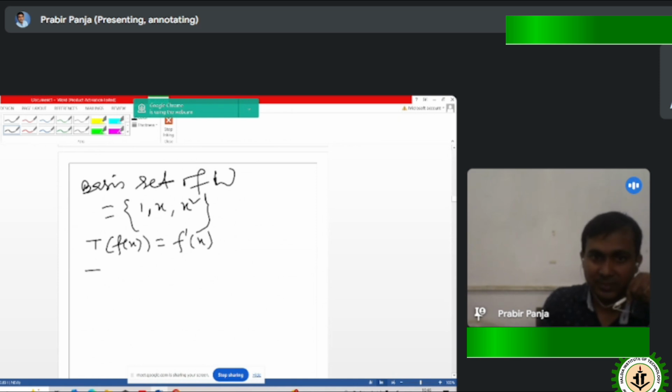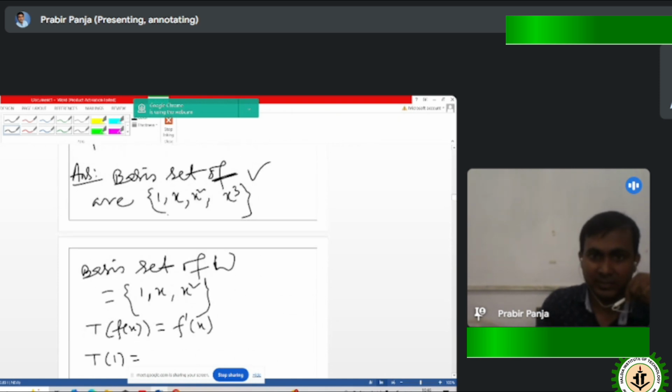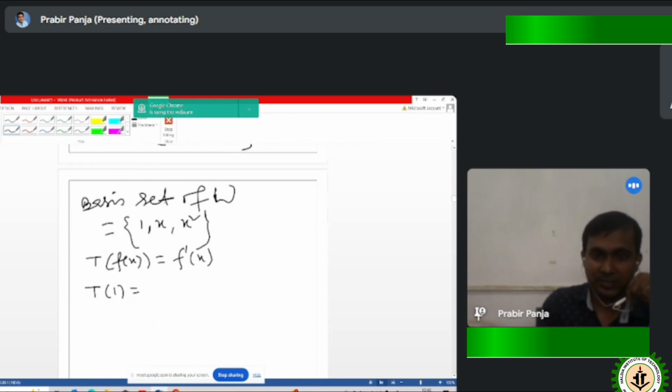So first we'll take T of 1, the first element from the basis set of V. T of 1 will be 0, because the derivative of 1 is 0, and we have to write this as a linear combination of the basis set of W. So this will be 0 into 1 plus 0 into x plus 0 into x square.